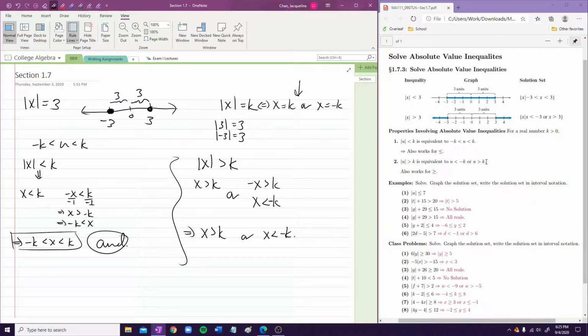So now that we talked about the general property, what does it mean? If I have the absolute value of x is less than 3, if you look at this graph, it's between. That means the distance of x has to be less than 3. Think about growing up and playing in the neighborhood.